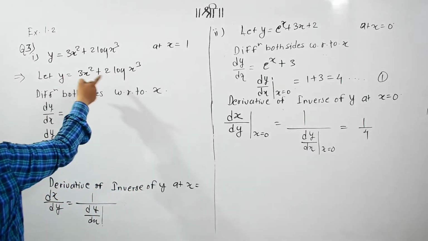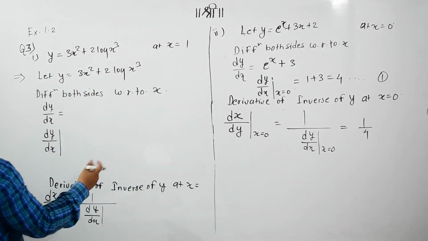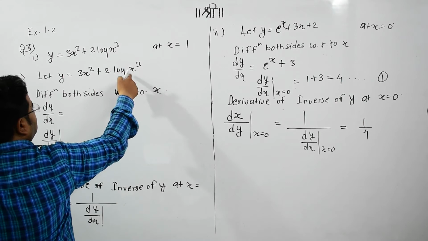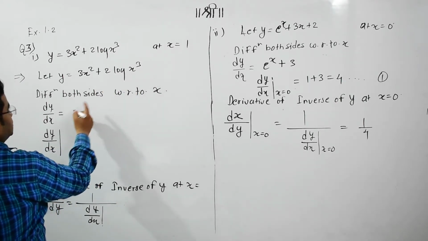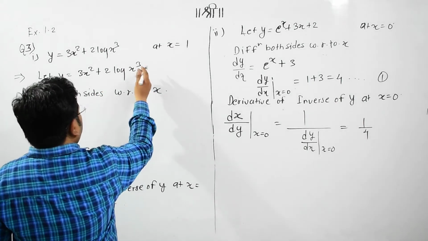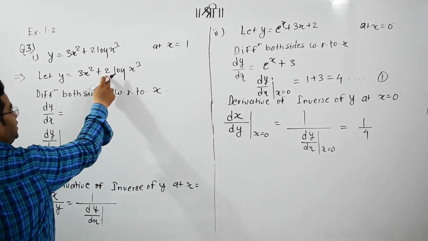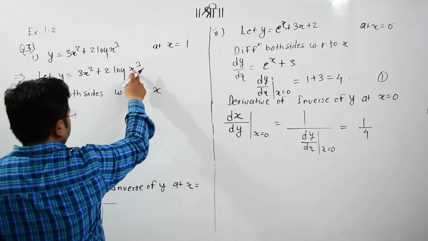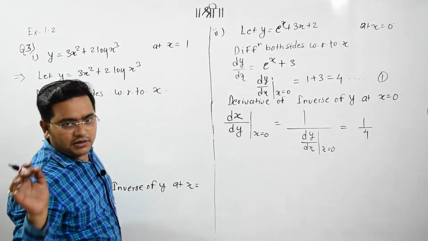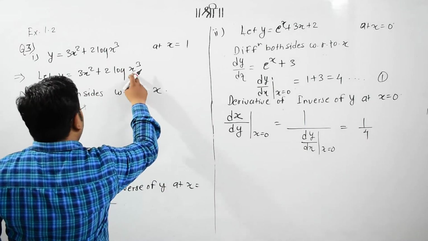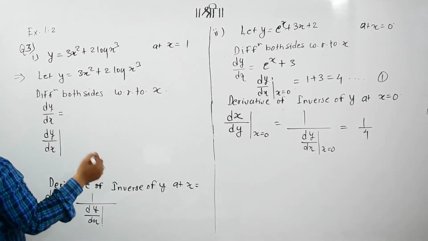Now, differentiating both sides, what are you getting? You will get a very interesting pattern, but this equation has some importance. So, the 3 will come outside and this will be 6. Log of x we need to find only, and the derivative of log of x will be 1 upon x.